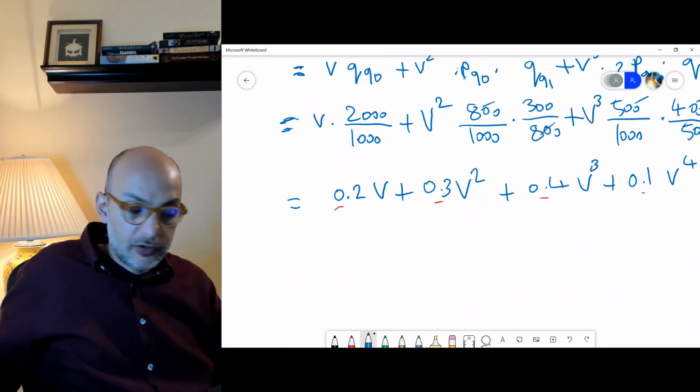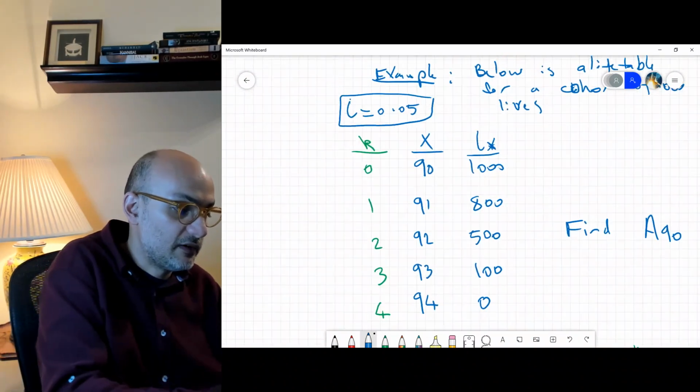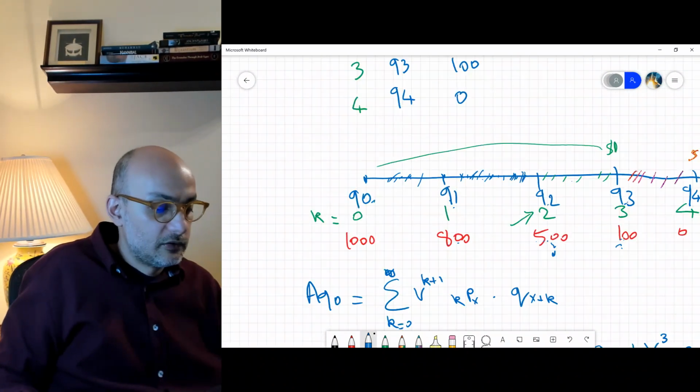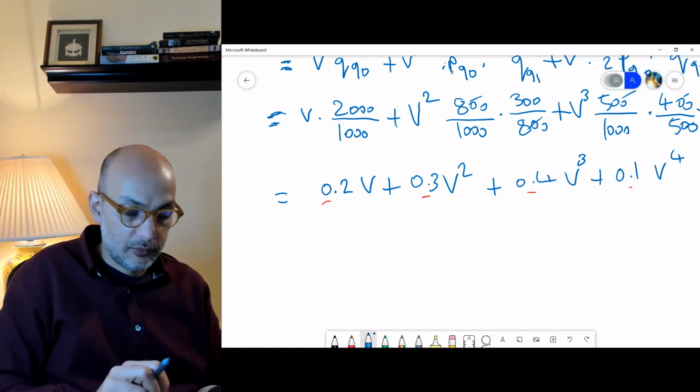Now you can use your calculator. We have interest. If you remember, we said interest is 5%. So you can do that quickly. I'll do it in my calculator quickly.